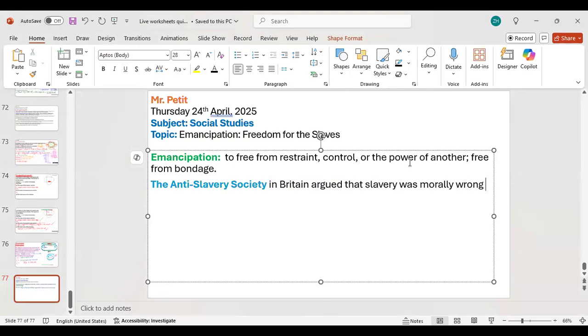That means it's not the right thing to do. Get some morals, make sure I act in the right way. And it should be abolished. So the anti-slavery society, were they for slavery or against slavery? They were against slavery. Very good. They were standing up, and slavery should therefore be abolished.